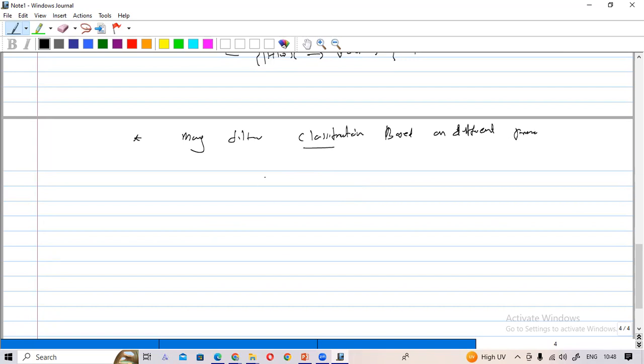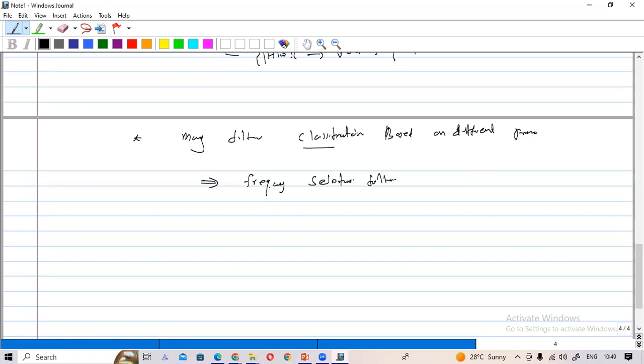For example, one classification is that if the filter is responding with a specific parameter, we call it a frequency selective filter. Or if it is not, it is a non-frequency selective filter. So here we are mainly focusing on frequency selective filters.